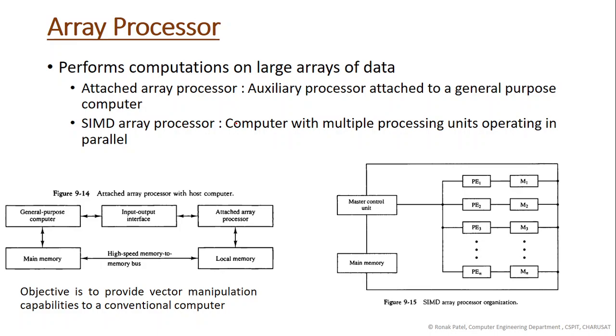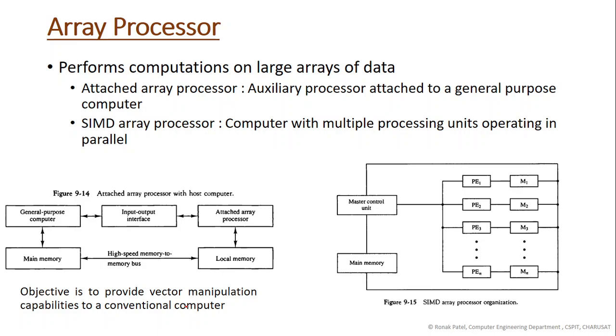There are two types: attached array processor and SIMD array processor. The attached array processor is an auxiliary processor attached to a general purpose computer to achieve better performance. The objective is to provide vector manipulation capabilities to a conventional computer.